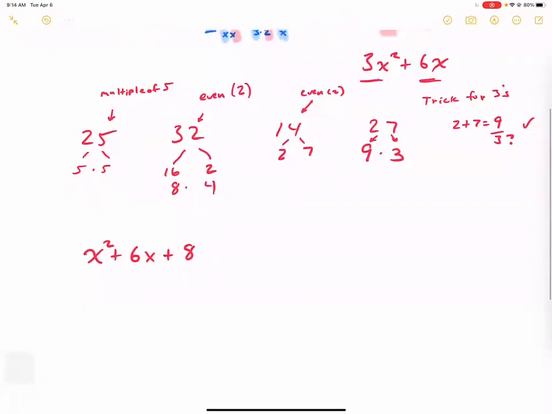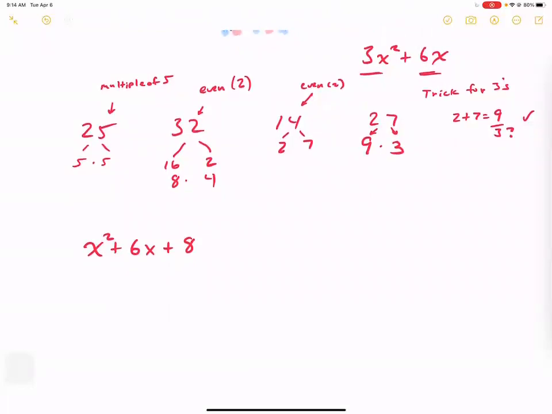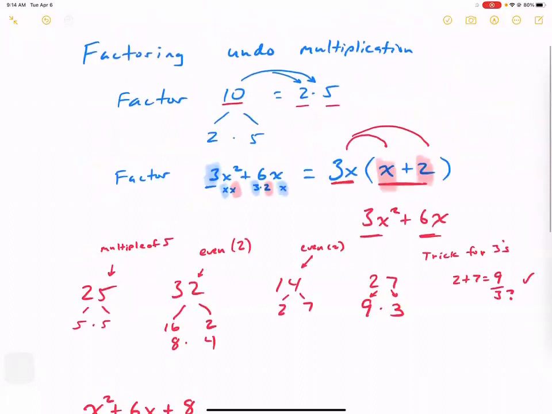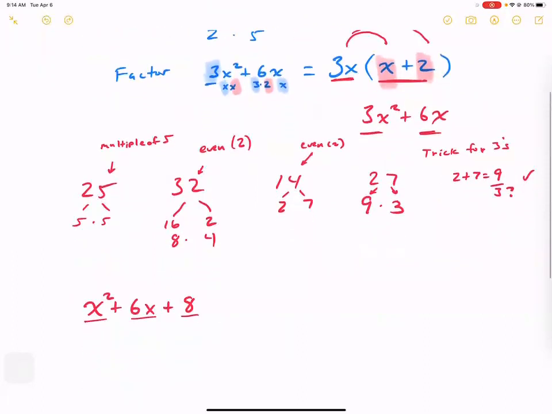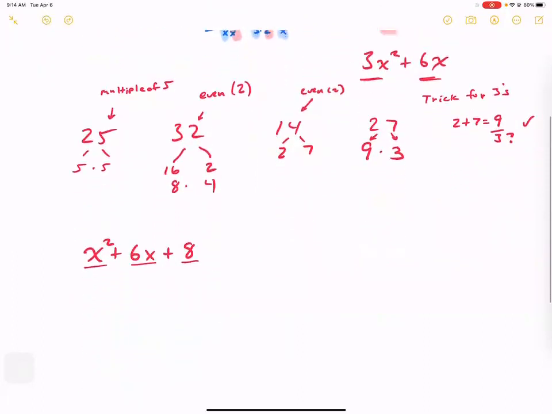Now, if you look at this problem, there is no common value in all 3 terms. So we can't factor out a monomial like we did up here. Over here we had stuff that wasn't common, so we were able to factor that out first. Made that easy. So for this problem, where is this problem from? Let me tell you. This problem is actually x plus 2 times x plus 4.